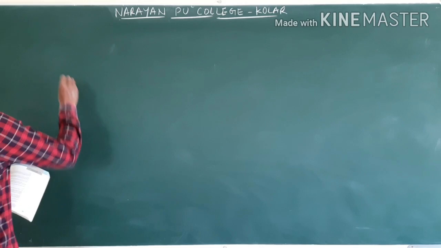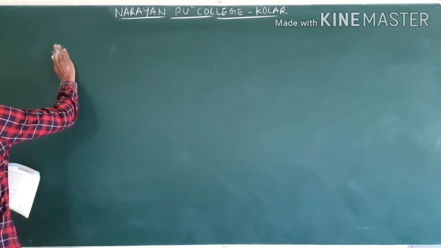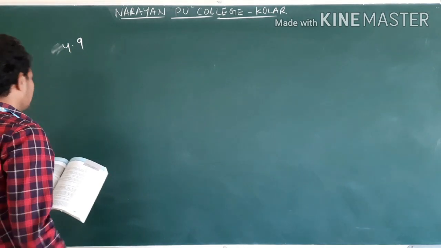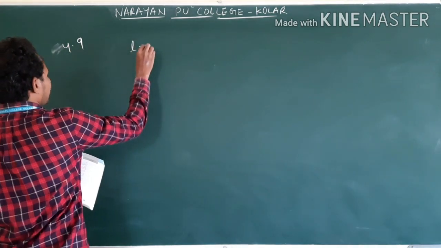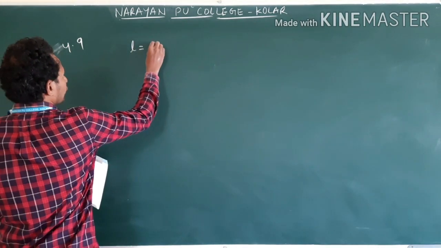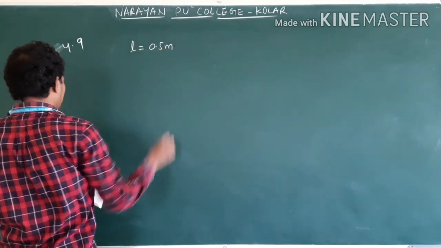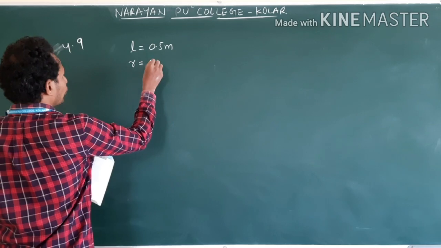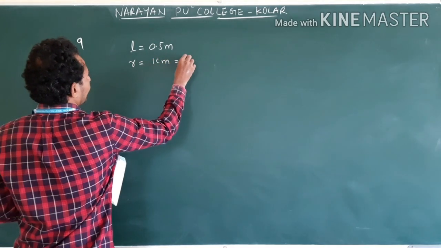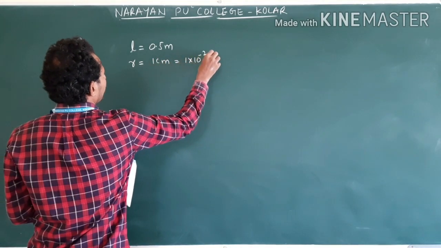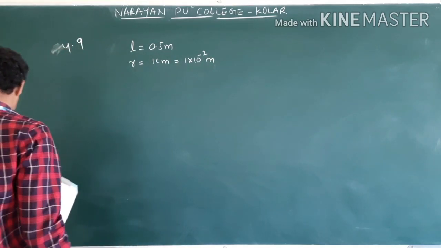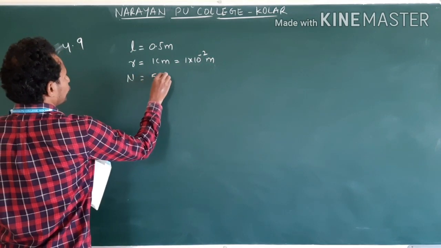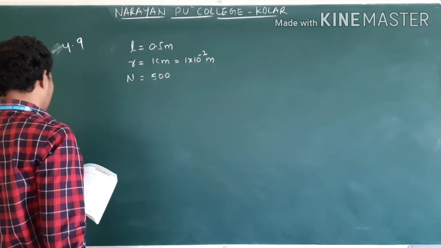So this is the 4.9 example problem. Length of the solenoid L is equal to 0.5 meter and radius small r is equal to 1 centimeter, 1 into 10 power minus 2 meter, and number of turns capital N is equal to 500 turns.